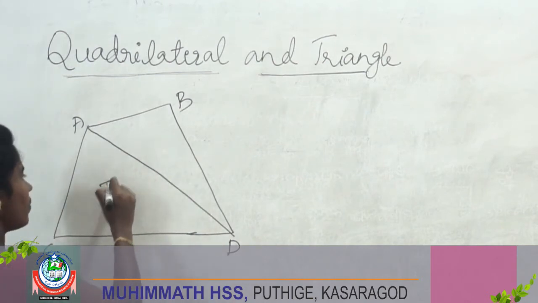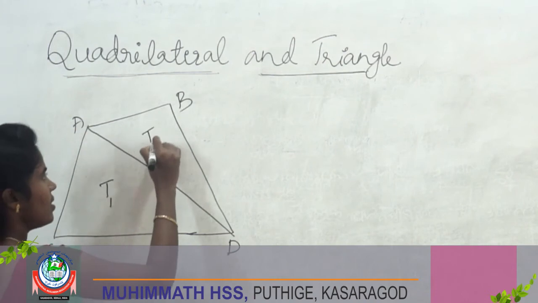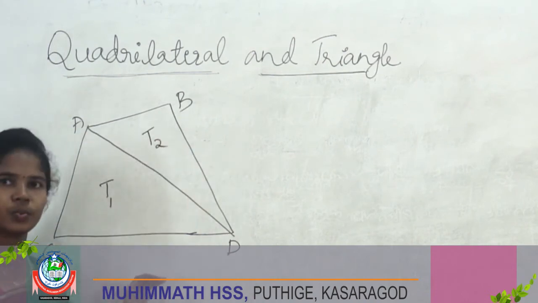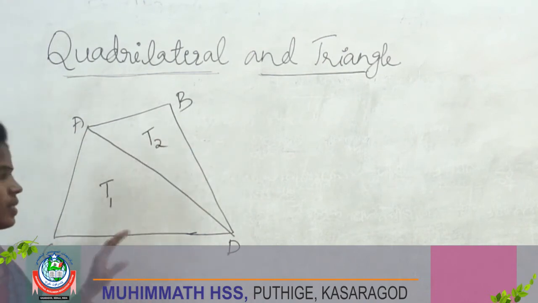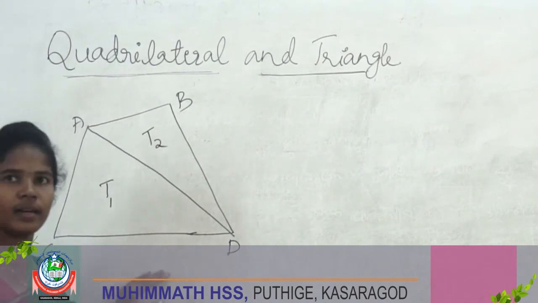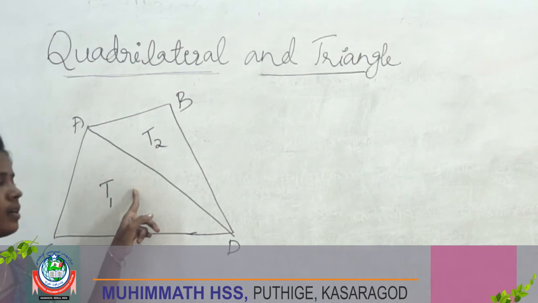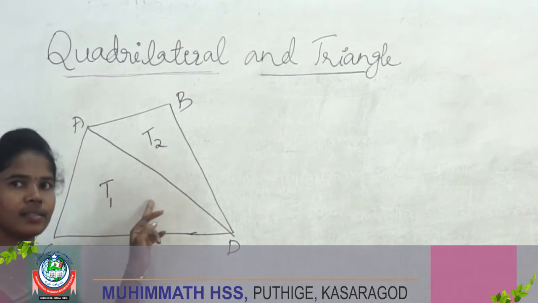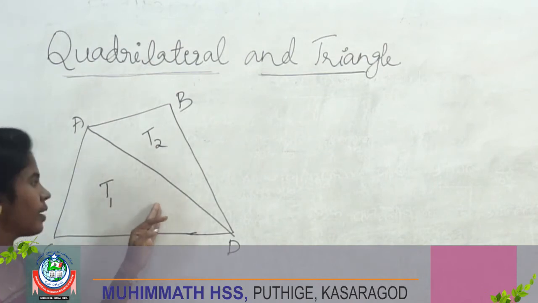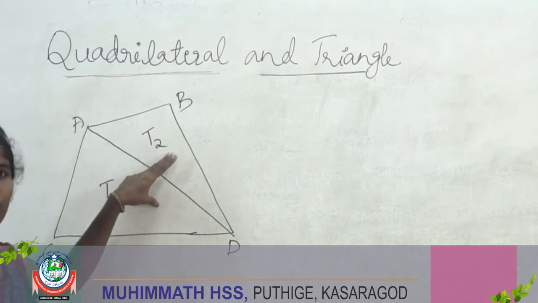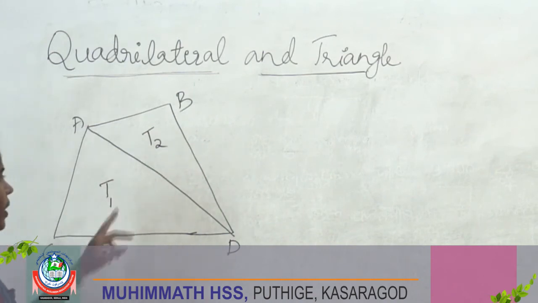This is triangle 1 and this one is triangle 2. The next step is draw a diagonal of the quadrilateral, and this diagonal divides the quadrilateral into two triangles.